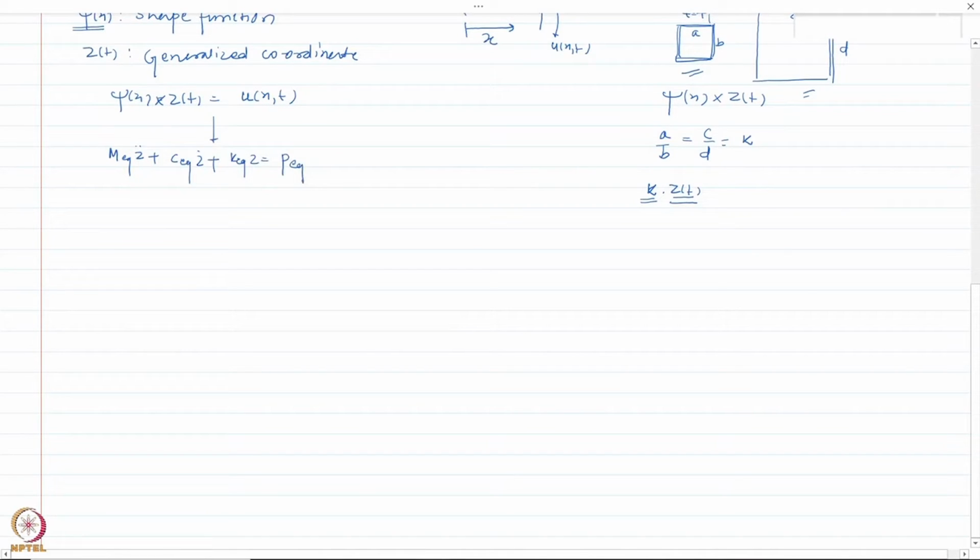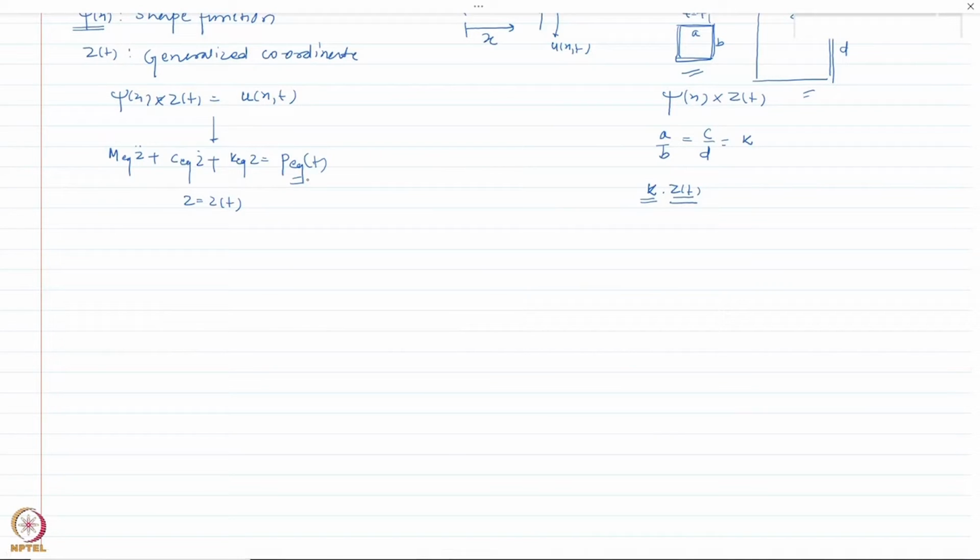If I'm able to find that out, I would be able to get z t as a function of t subject to the equivalent excitation p. Once I get that, that would represent how the deformation is changing with respect to time.